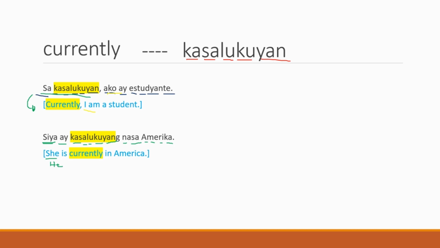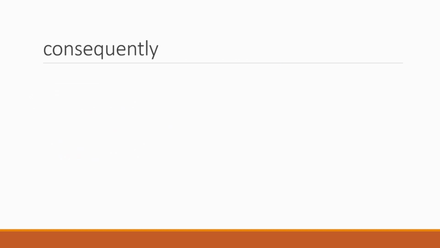Sa kasalukuyan, it's currently, and America in Filipino is America, but with a spelling of K, not C. So that's how we use kasalukuyan. Again, kasalukuyan is currently. The next adverb is consequently, and it is dahil dito or dahil dyan.